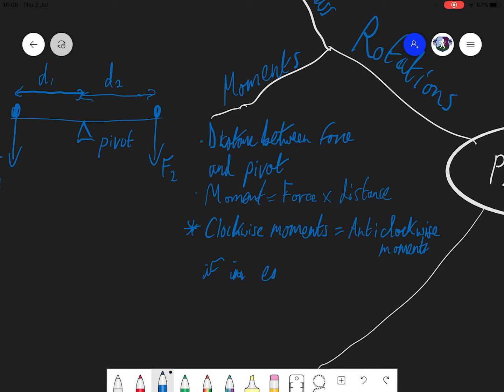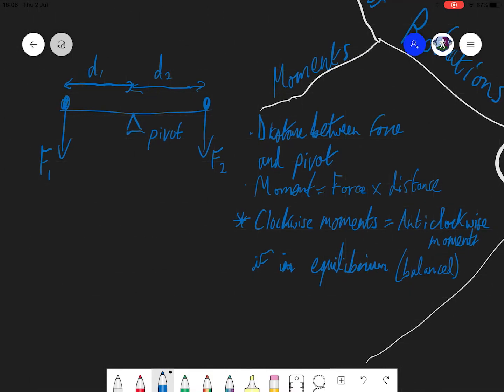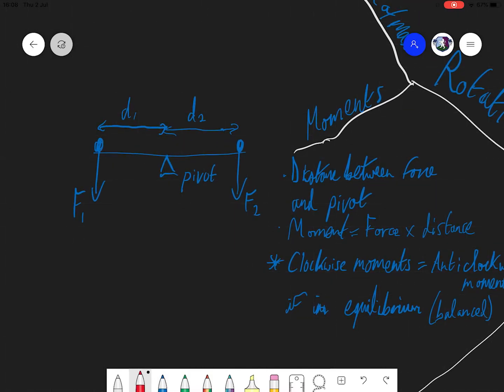Now, by equilibrium, we mean balanced. So they usually show you a diagram that's balanced, but it might not be. They might ask you to find out if it's balanced, in which case both moments should equal each other, or they'll tell you it is balanced and ask you to find one of the forces or one of the distances.